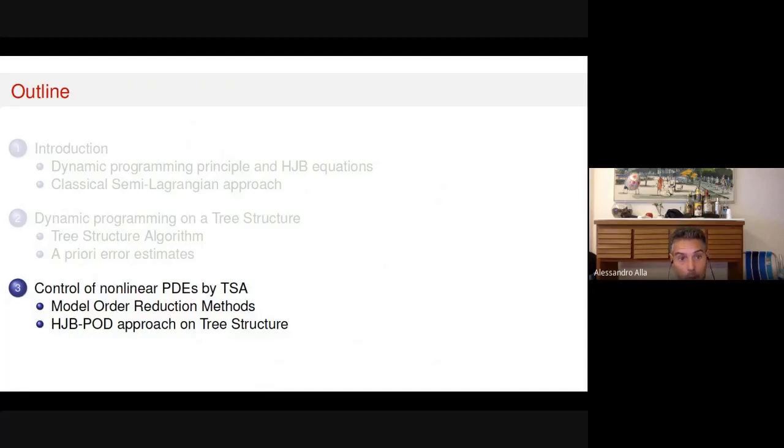The dimension of the differential equation is the same as the dimension of the Hamilton-Jacobi-Bellman equation. Even if you think of a one-dimensional PDE, we have to think about discretization of the problem, and then we have the same dimension of the Hamilton-Jacobi-Bellman.